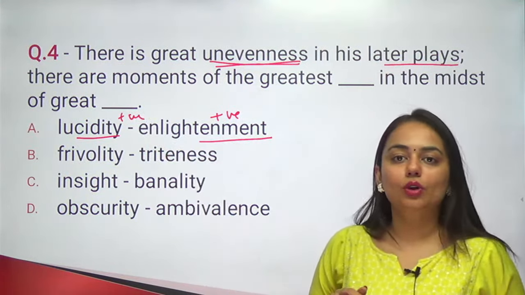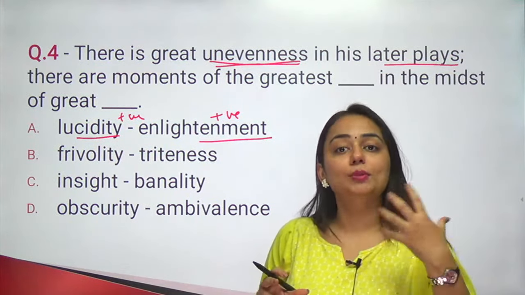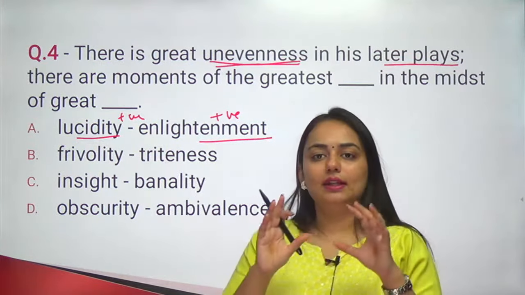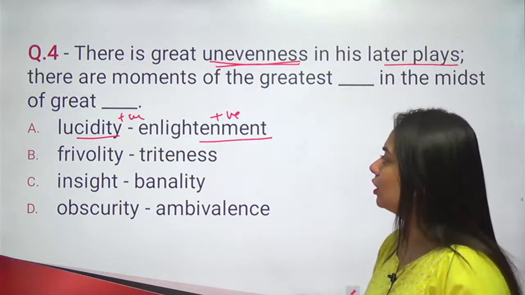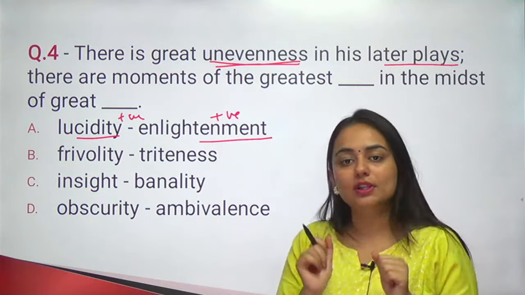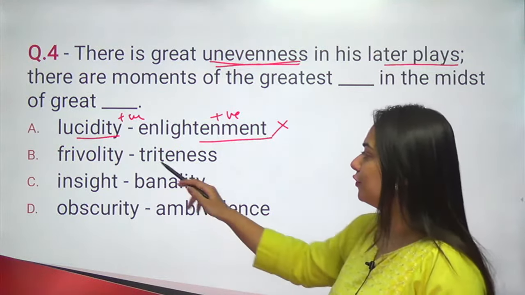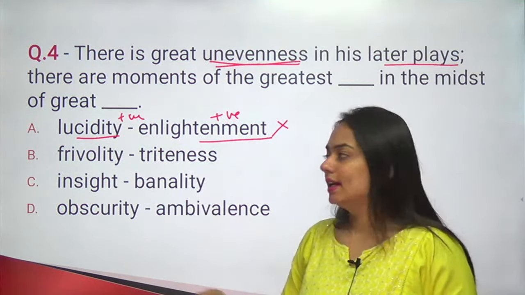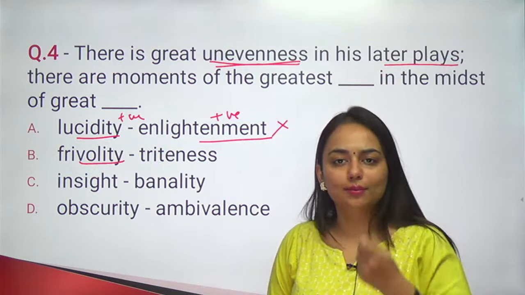Enlightenment is when you get aware of certain learnings, when you gain knowledge about something. Lucidity is clarity of something, some concept. तो ये तो दोनों ही positive connotation की बात हुई, but हमें तो opposite meaning चाहिए. So we can eliminate this option. Frivolity, triteness. Frivolity is silliness, trivial, तुच्छ जिसे हम कहते हैं.